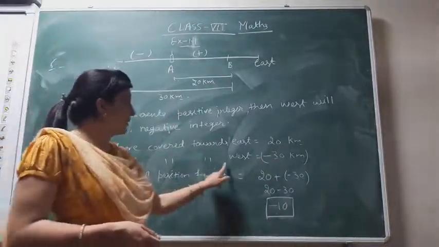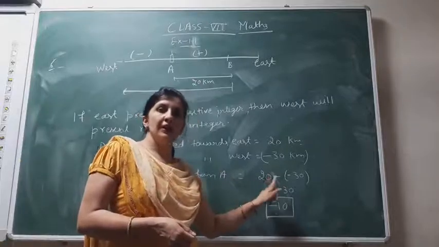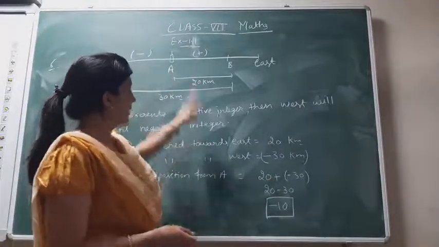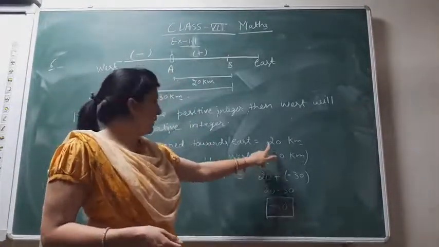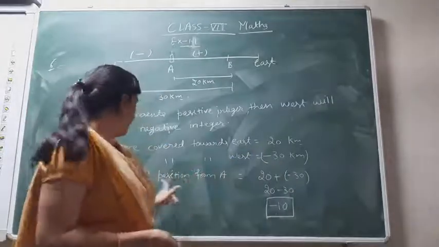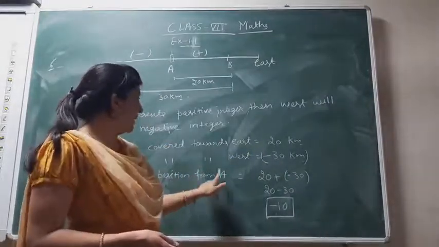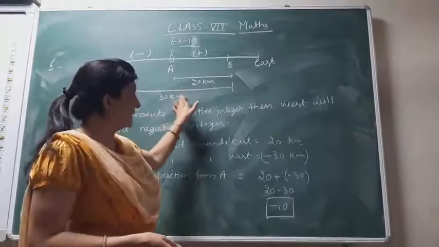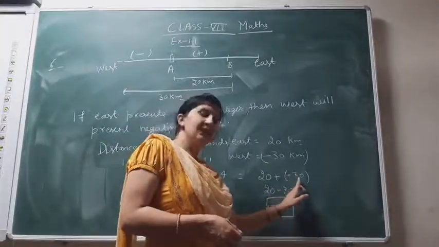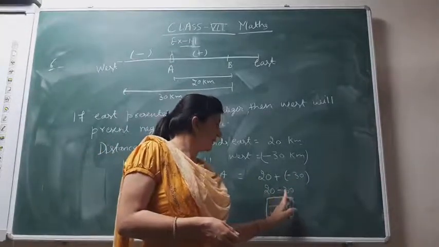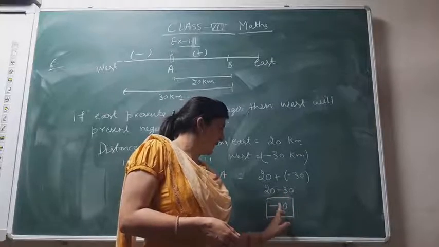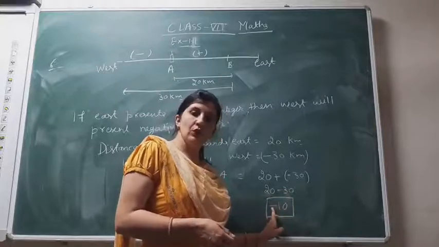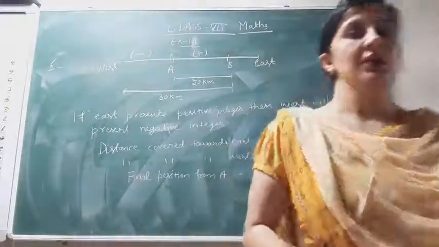The distance covered towards west is minus 30 km, because we represent west by a negative integer and east by a positive integer. Then the final position from A, we will add both distances: 20 plus minus 30. It's 20 minus 30, which is 10, and 30 has a negative sign, so we put a negative sign here.